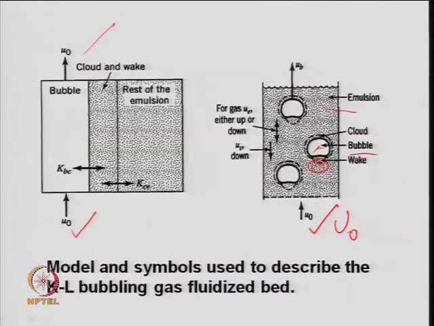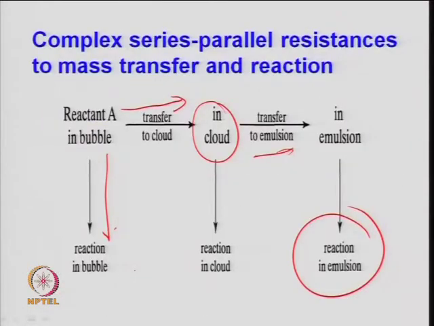So, first is the transfer from the bubble to the combined cloud and wake, and from there it is transferring into the emulsion. Also there is a chemical reaction because it has the catalyst there. Here also there is a reaction, but this contribution will be low because the catalyst concentration is low in this zone.